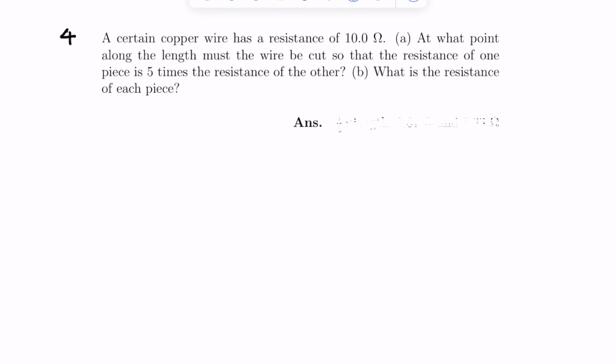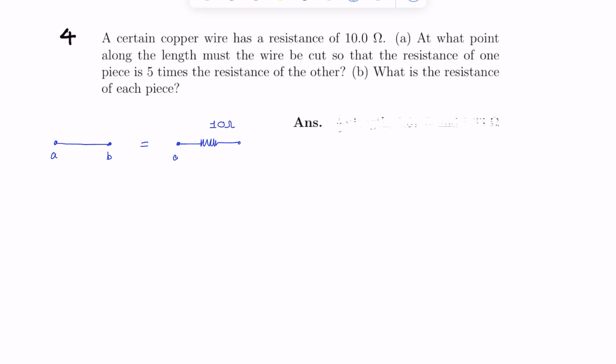So what it says is that a certain copper wire has a resistance of 10 ohms. We have already seen in a previous question that, in reality, a piece of wire will have some resistance, right? So if this is a copper wire, a piece of wire from A to B, it's the same as having a resistor like this of 10 ohms.